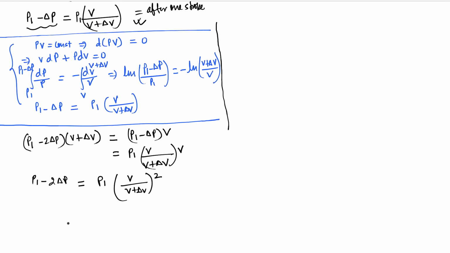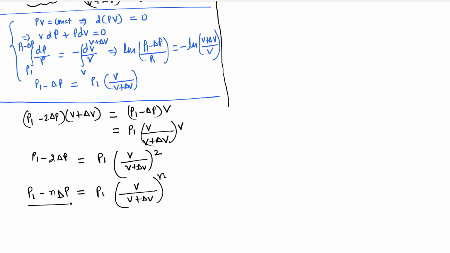So you see the pattern here. So let's say if it takes n strokes, the final P1 - n delta P will be P1 V by (V + delta V) to the power n, and this is nothing but it's given that it has to be P2.